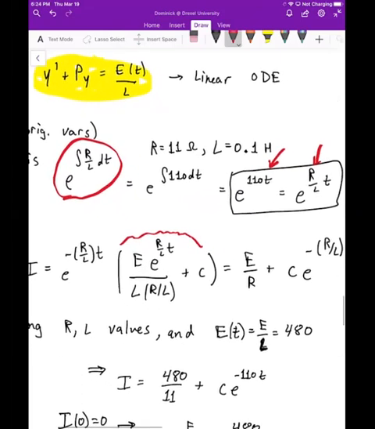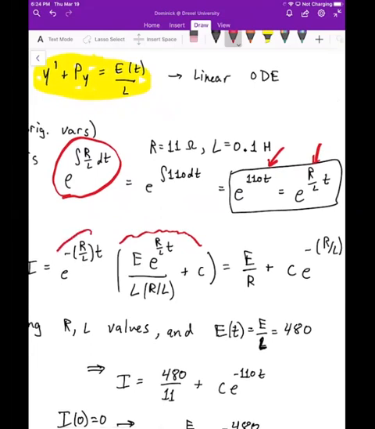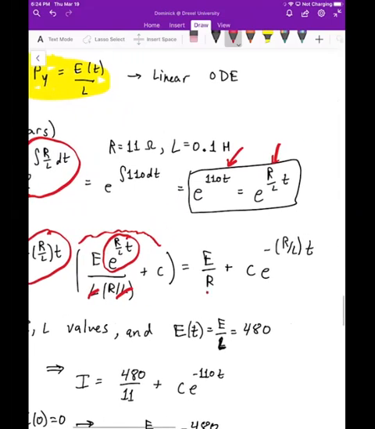And then once, of course, we multiply through and simplify, these two e terms will cancel out, which is good. And of course, these L's cancel. So we get E over R in the first term, and then we just get C times that exponential in the second term. Right, and that's our general solution here. So this is the general solution.